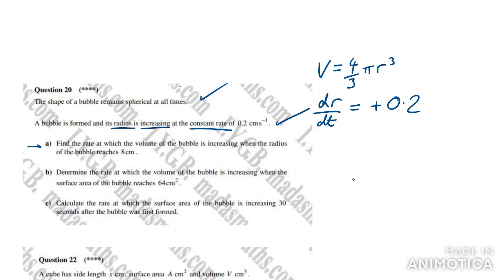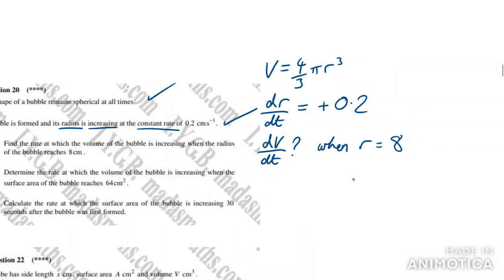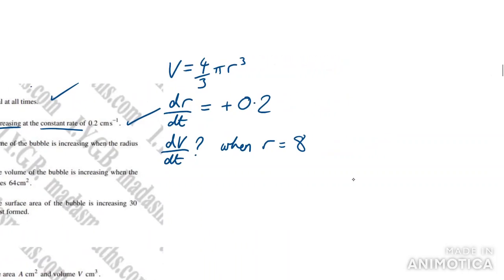Then the next part: find the rate at which the volume of the bubble is increasing. What does that mean? The question is, what is dV/dt when the radius equals 8? And so dV/dt is what we want to find. So that's our translation bit done.